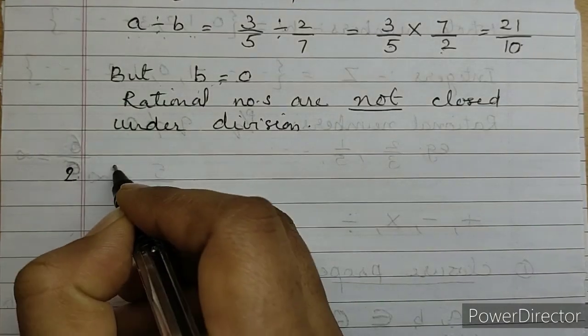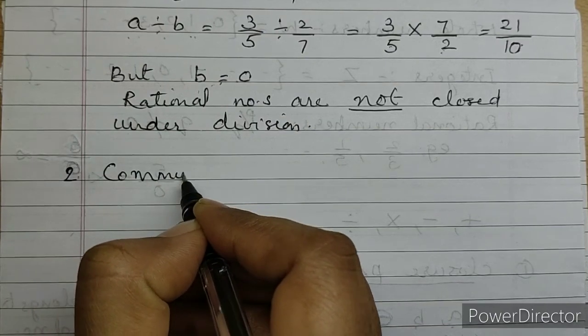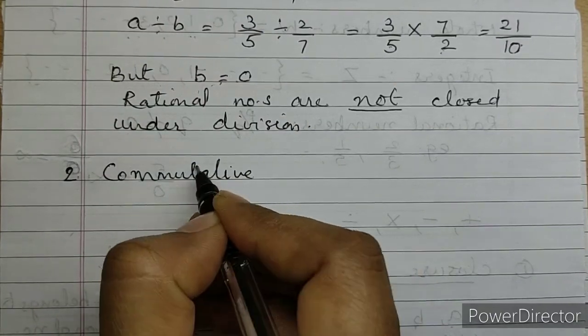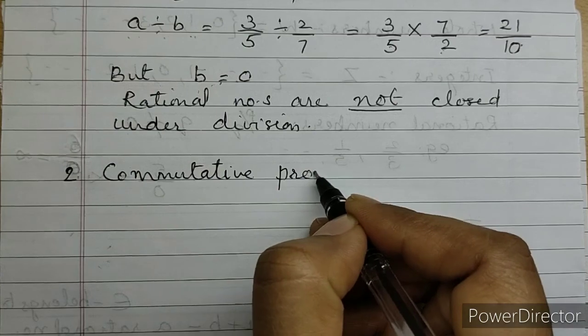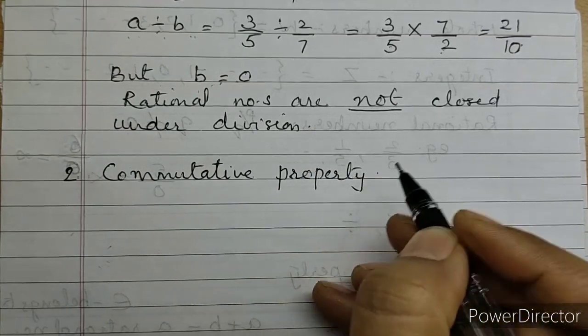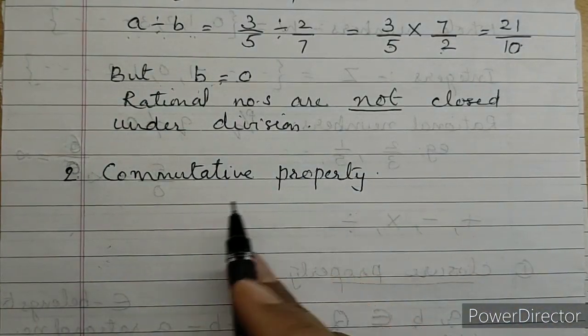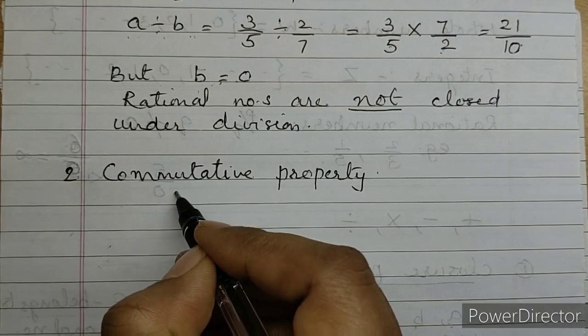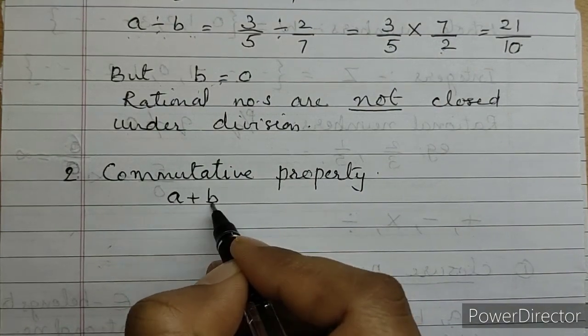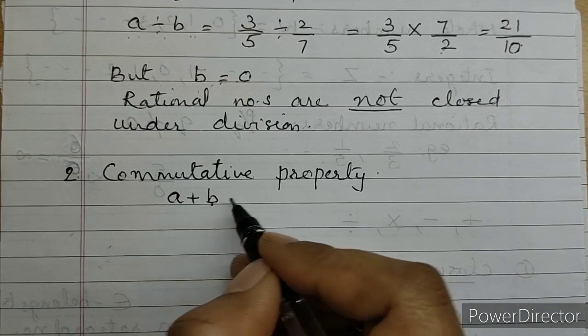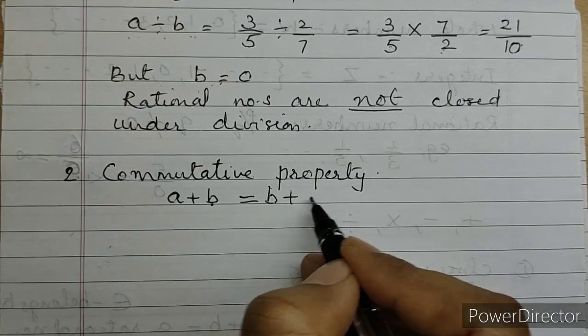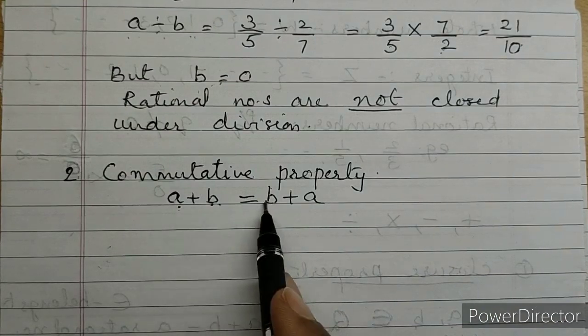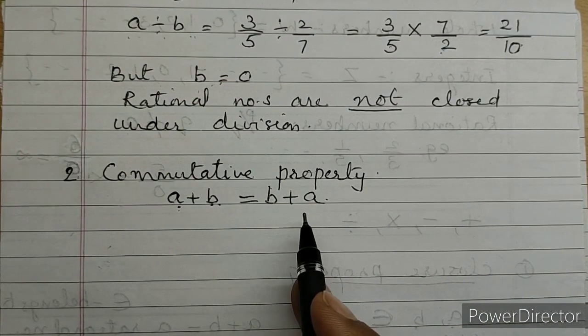Second property is commutative property. Commutative property means order change. For addition, a plus b, if a and b are any two rational numbers, then a plus b equals b plus a. Positions of a and b are interchanged here.